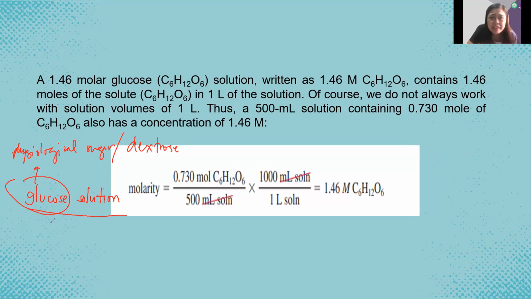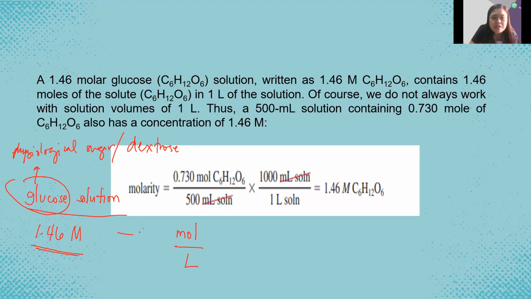The concentration is 1.46 M of the glucose solution. The capital letter M is equivalent to moles per liter.